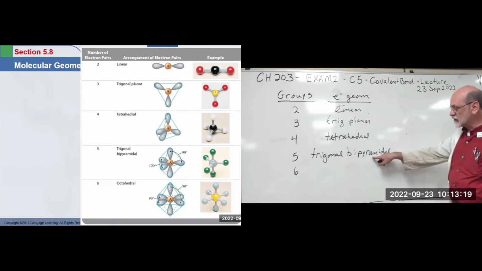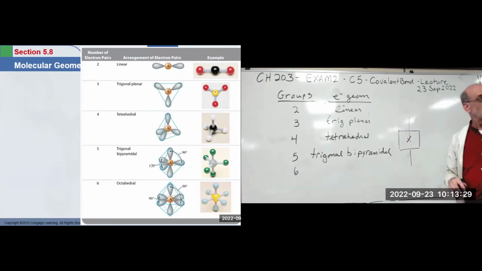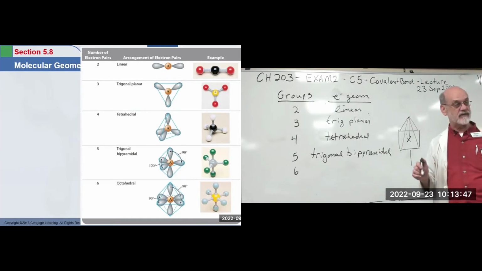Well, you use this model, and instead of, there's your central atom, you have a square base, and then you have a square base pyramid, 2 of them back to back. Well, if you look at how many sides there are to that pyramid, 1, 2, 3, 4, 1, 2, 3, 4, octahedron, 8 sides, right?